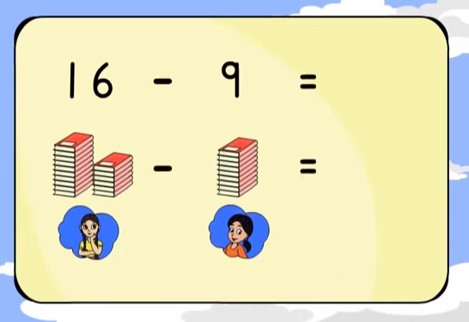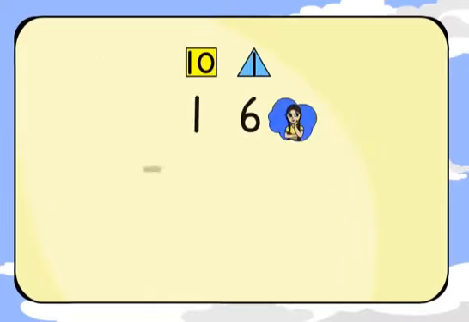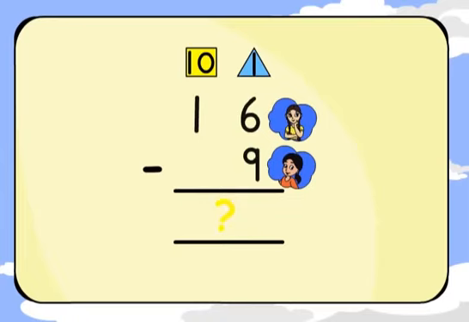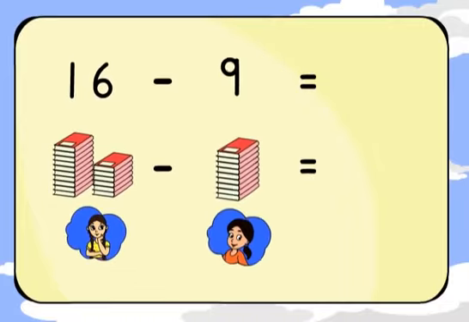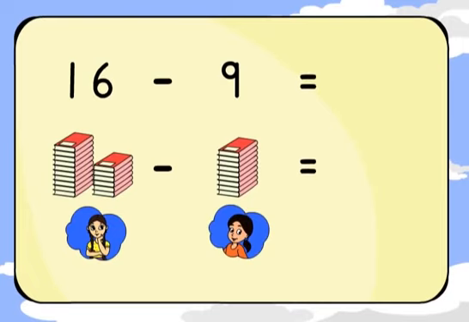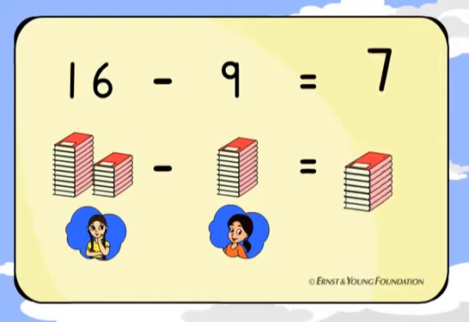How many more books does Meenu have? 16 minus 9 is equal to 7. Meenu has 7 more books.